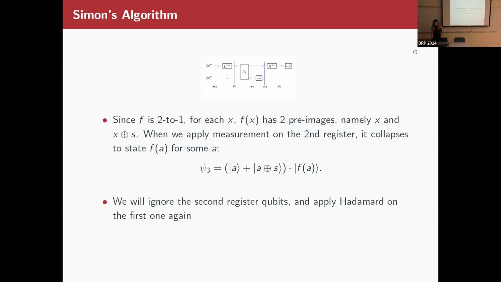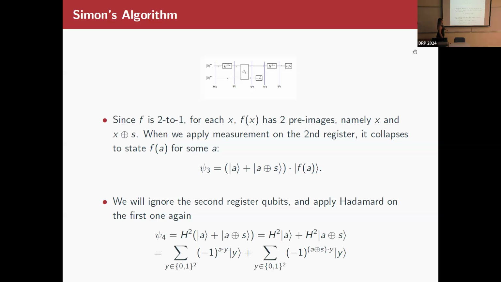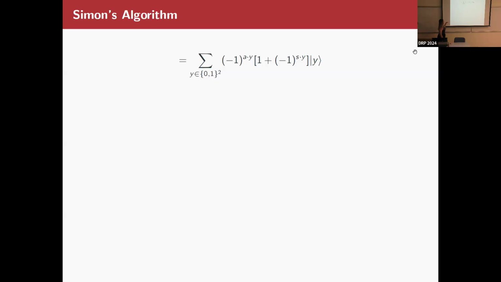We will ignore the second register qubits and apply Hadamard on the first one again. When we apply that, we get this equation. And we are going to do one more thing: we take the common factor. This is very important for us because we are going to focus on the power of -1.